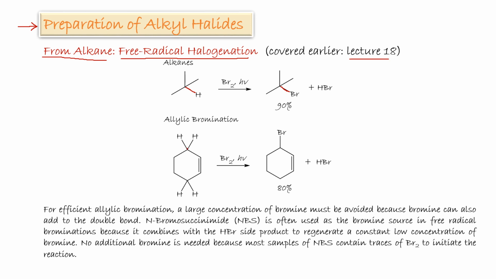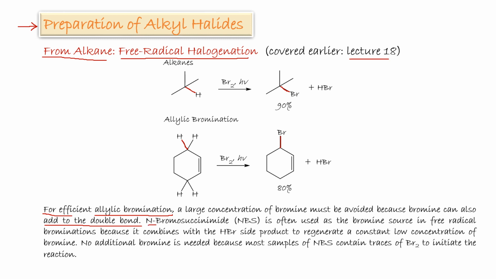Also, if we have allylic hydrogen, we can replace it by bromine using Br2 and light, but for effective allylic bromination, a large concentration of bromine must be avoided, because bromine can also add to the double bond. We get to that later on in studying chemistry of alkene.